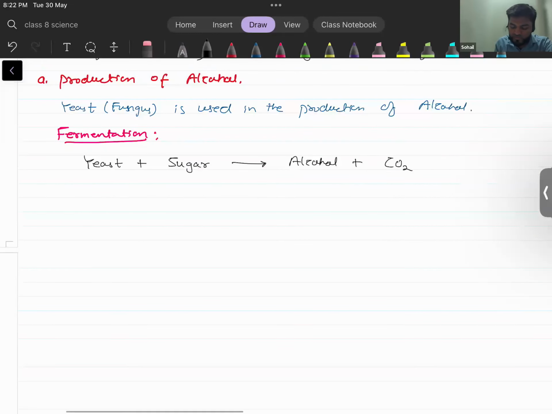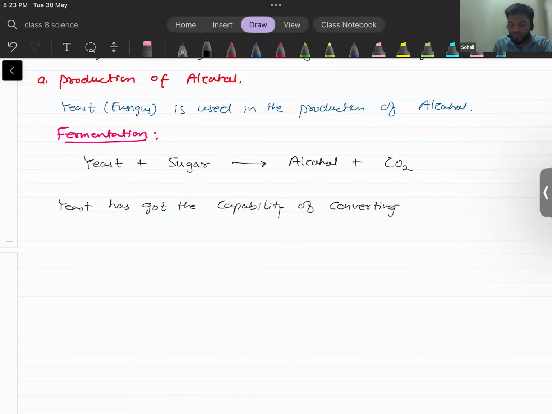So we say that yeast has the capability of converting sugar into alcohol, and carbon dioxide is released.